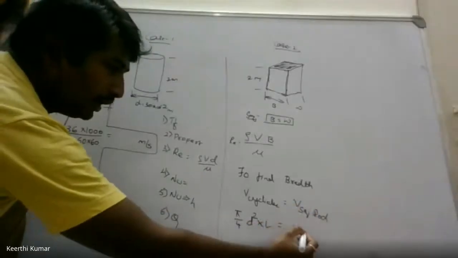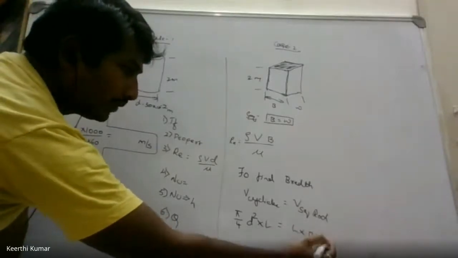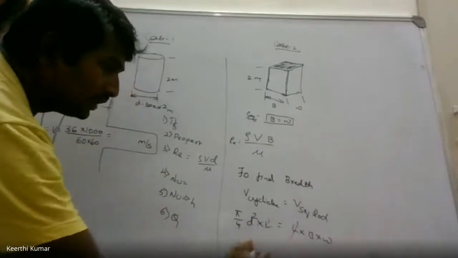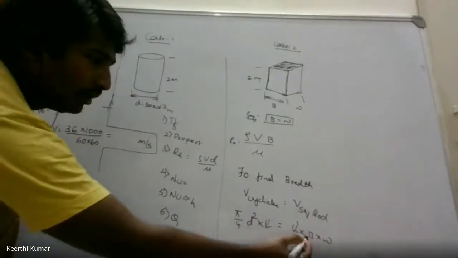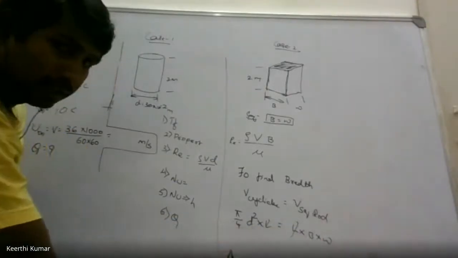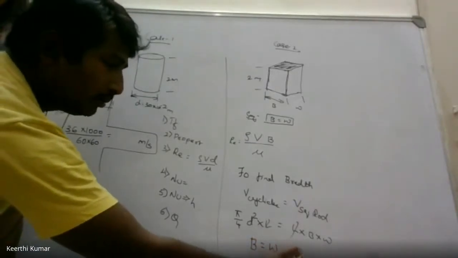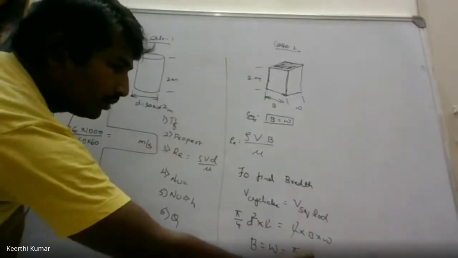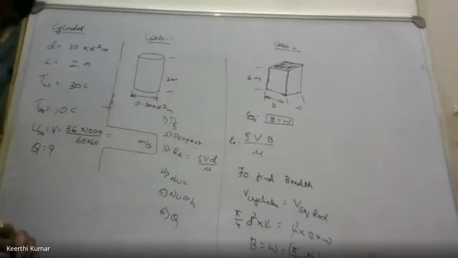The volume of the rod is L into B into W. The length is the same for both. We know pi by 4 D square, so W into B will be that value, and W or B will be half of that. So B is equal to W is equal to pi by 4 D square whole divided by 2. Correct? That is the value of B.